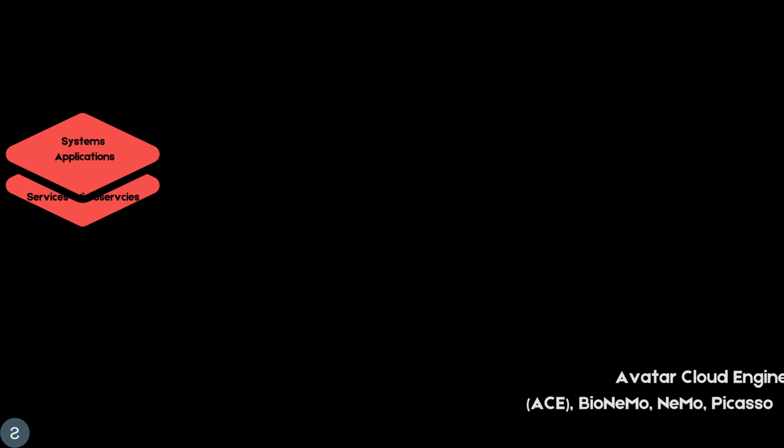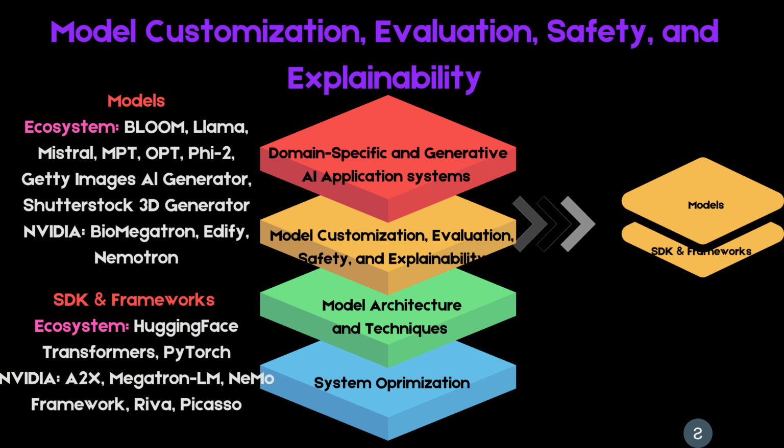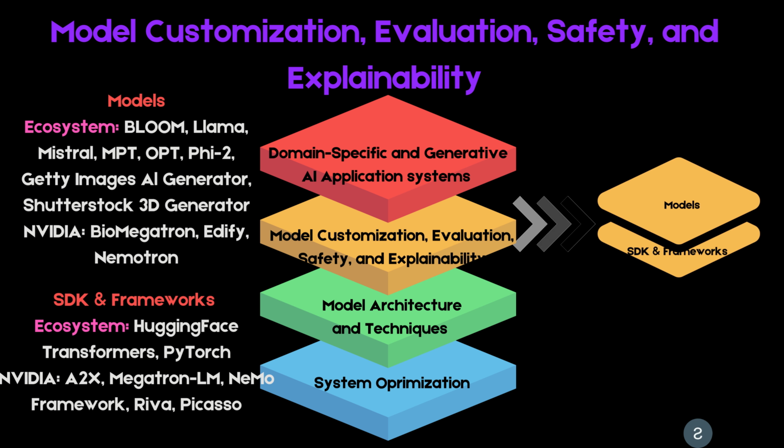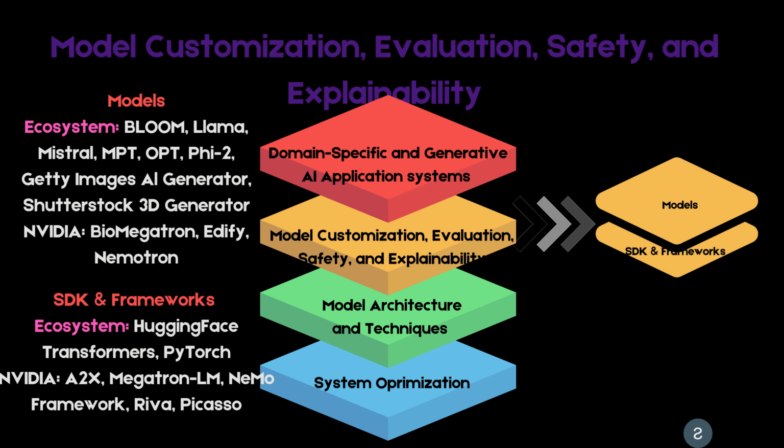From the NVIDIA side, BioMegatron, Edify, and Nemotron. For SDK and framework, we have Hugging Face Transformers, PyTorch, and then NVIDIA A2X, Megatron-LM, NeMo framework, Riva, and also Picasso. These are just a few, and there are more, continuously being added as well.